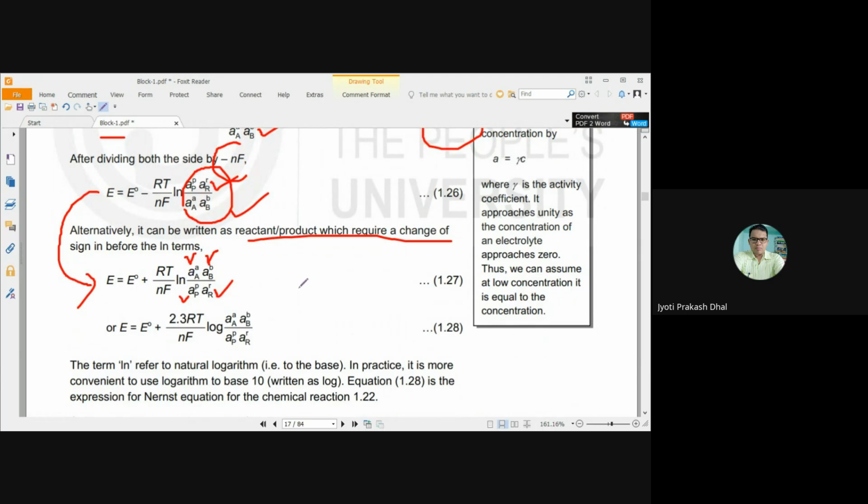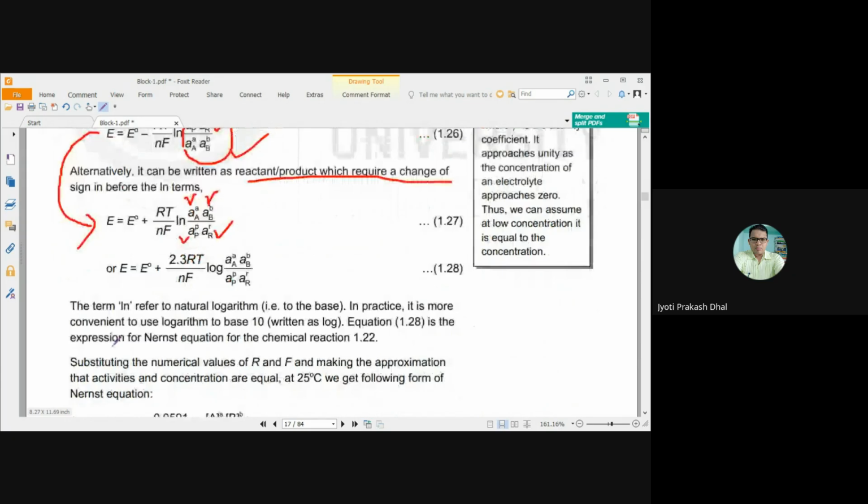If we convert natural logarithm into logarithm base 10, the equation can be written as E equals E° plus 2.303 RT by nF log base 10 activity of reactants divided by activity of products.